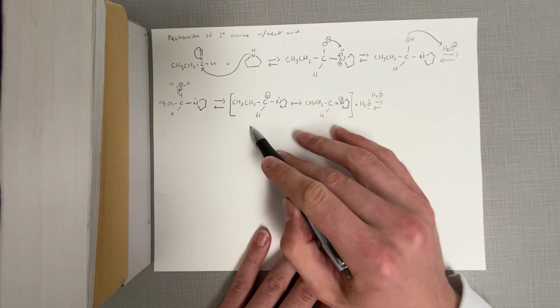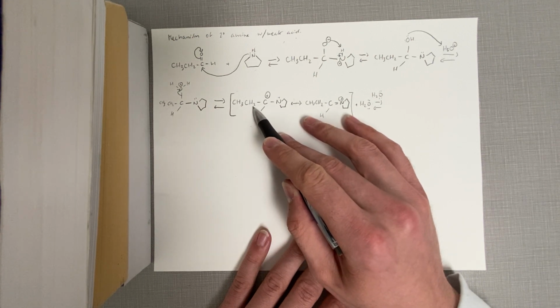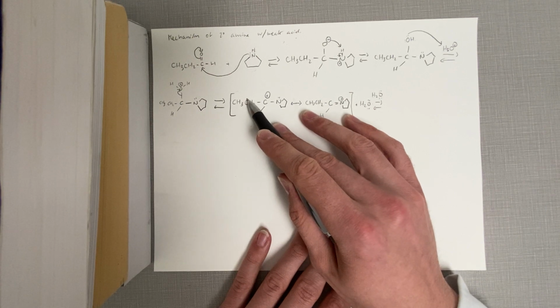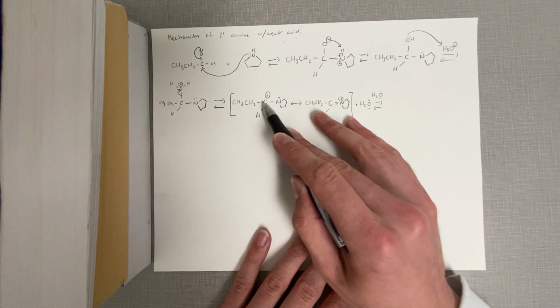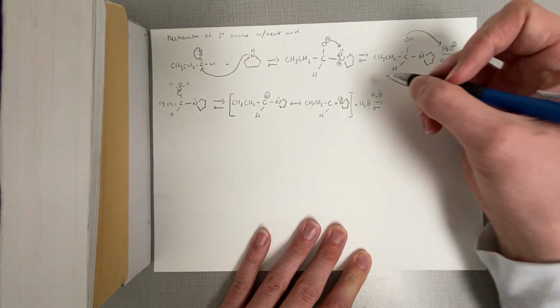So this hydrogen is going to leave. The bond that would bind the hydrogen to the carbon will then flip and form the pi bond, forming a carbon-carbon double bond.